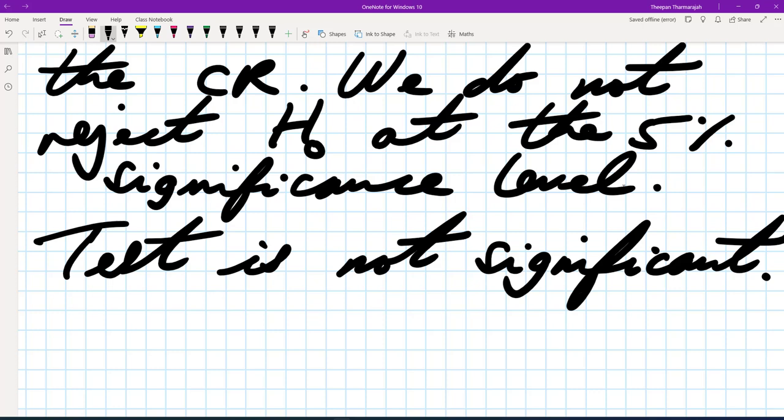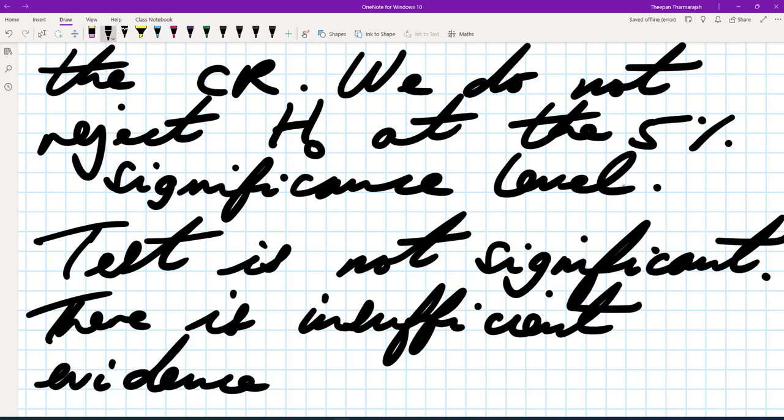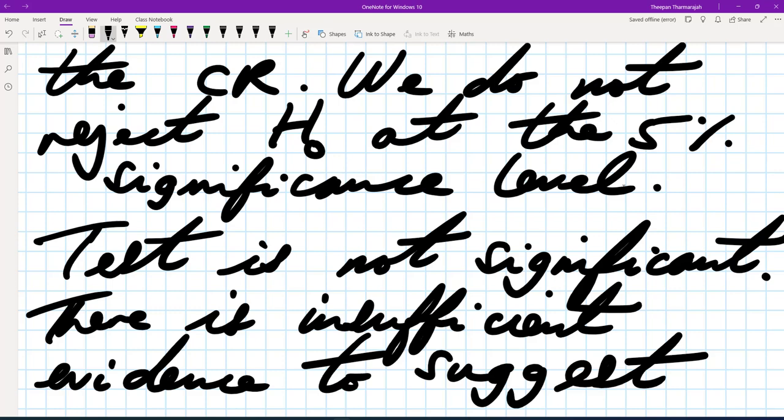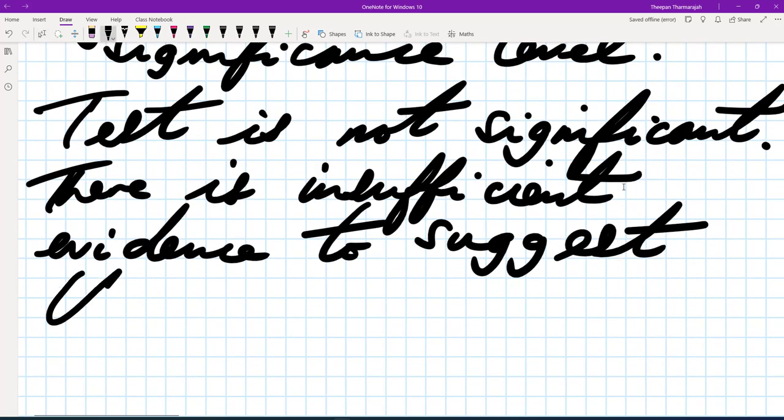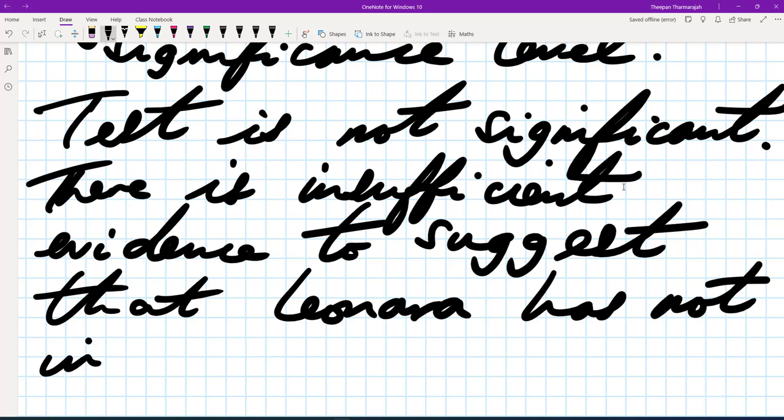We say there is insufficient evidence to suggest that Leonora has not increased her goal scoring rates.